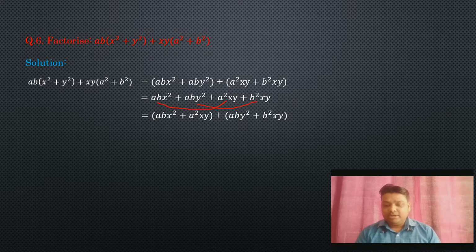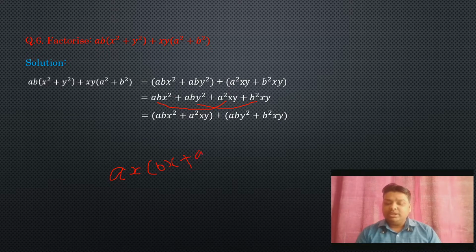Now b is here but b is not here. Here x square and here x, it means only 1x we can take common. Same, now what is left here? a we have taken out, 1x we have taken out, it means it will be bx. Plus, now here also 1a taken out, x taken out, it means a and y will be left. It means we can write ay.